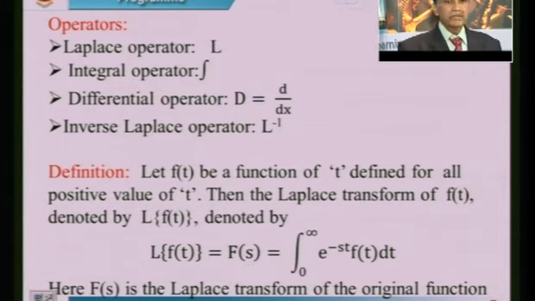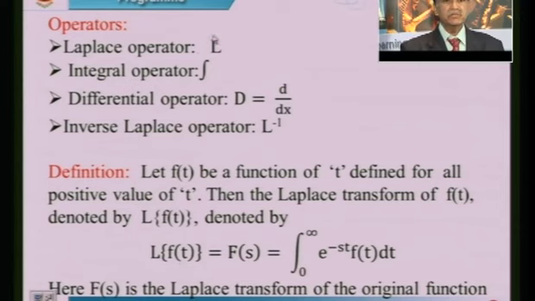That means the function is given in terms of t, and applying Laplace transform you are getting the final result in terms of s. And inverse Laplace transform gives you the statement in terms of s, and you need to solve that function of s by applying Laplace inverse, and you must get it back, that is f of t.